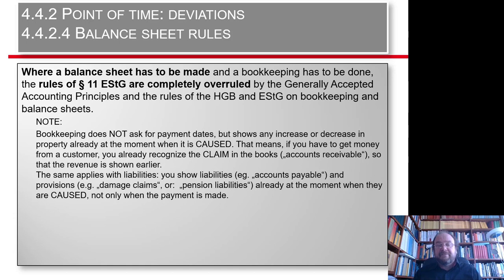So paragraph 11 only is applicable for those types of income where a balance sheet is not needed, or in cases where a business owner can opt out of paragraph 11, for example, where you can renounce on balance sheets in favor of a modified cash flow statement as defined in paragraph 4.3 EStG.